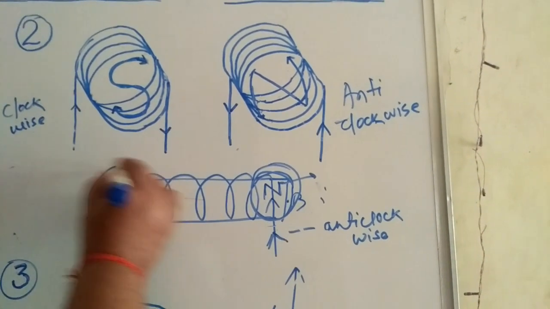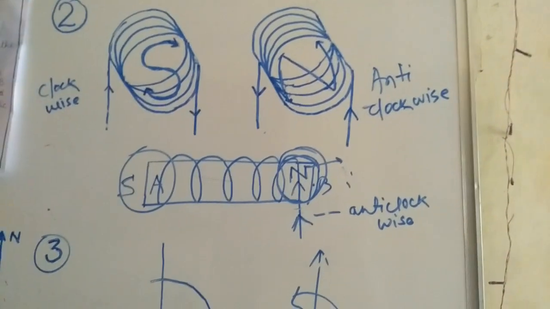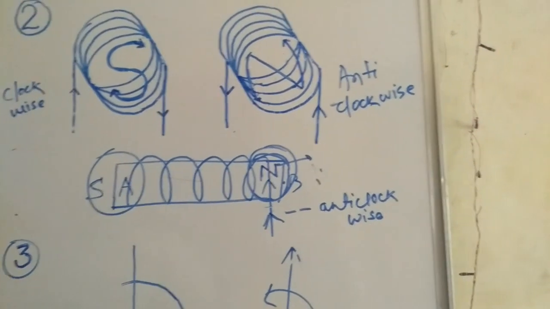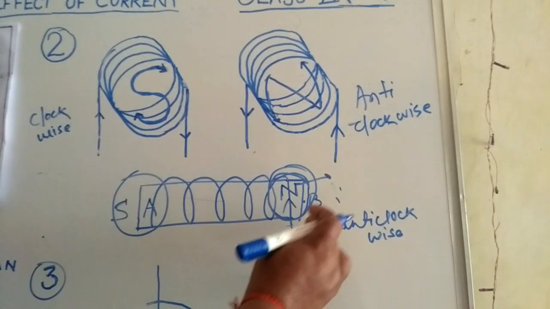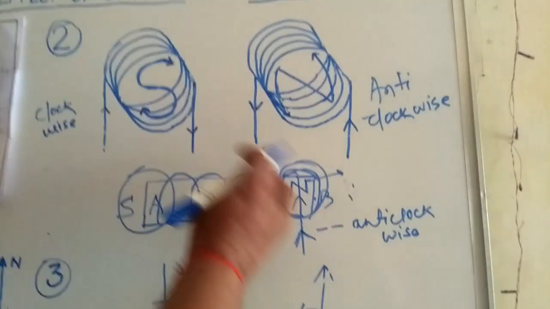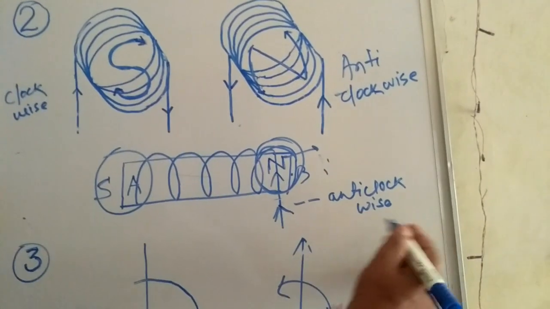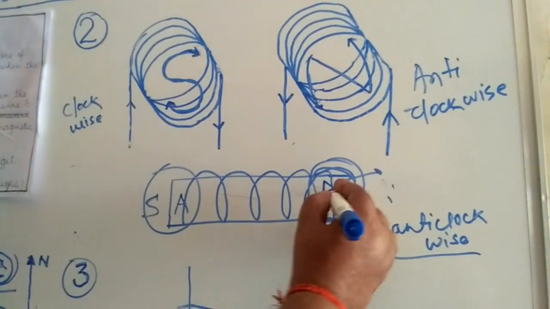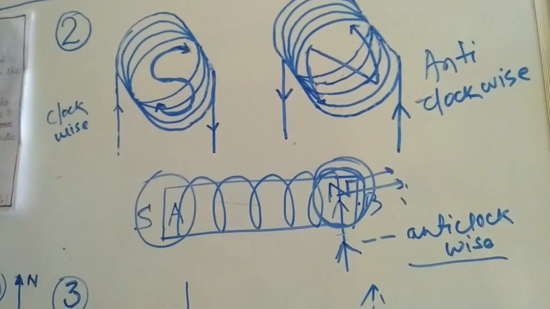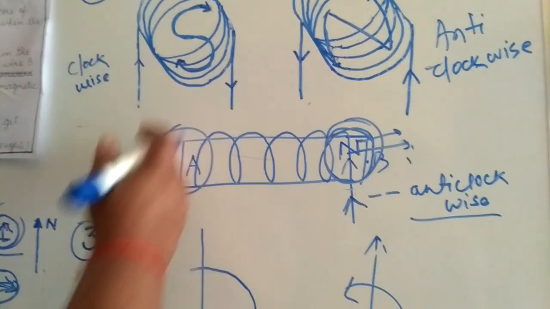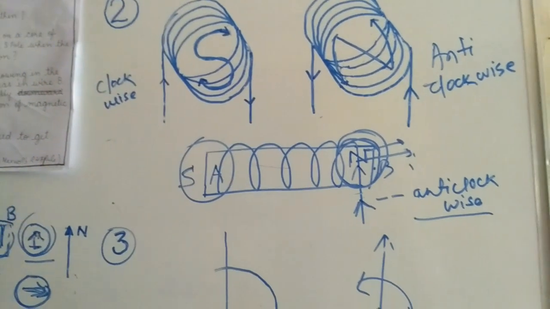Ultimately the other pole becomes the south pole, because a magnet has two poles. So the current passing through the first pole anti-clockwise makes it north, and the second pole is south.